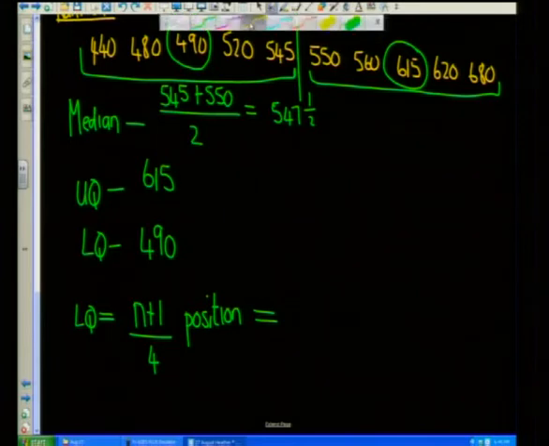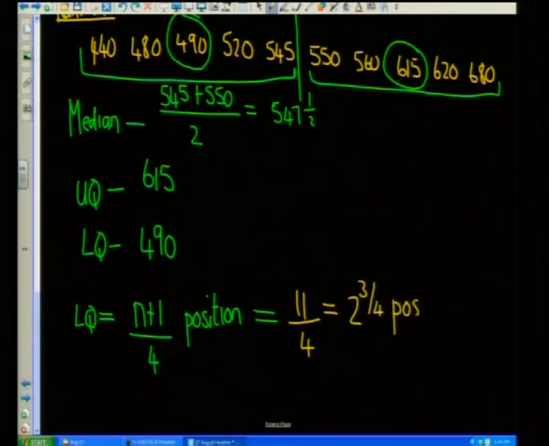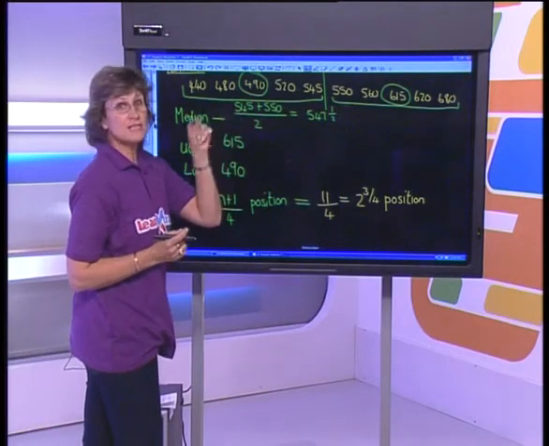Well, you've got 10 scores, so 10 add 1 becomes 11, divided by 4, and 11 divided by 4 is going to go 2 3/4 position. Right, so now you have to go into this ranked data and find the number that is in the 2 3/4 position.